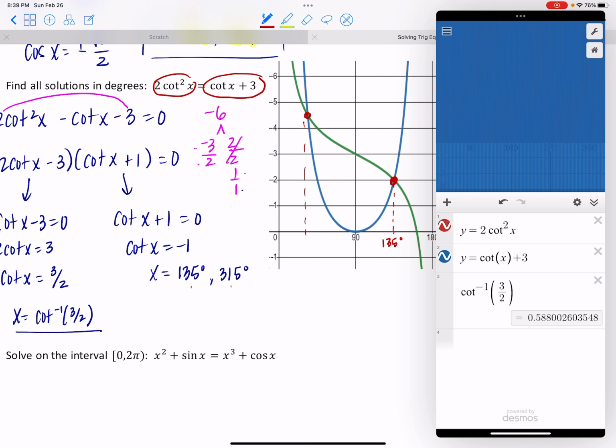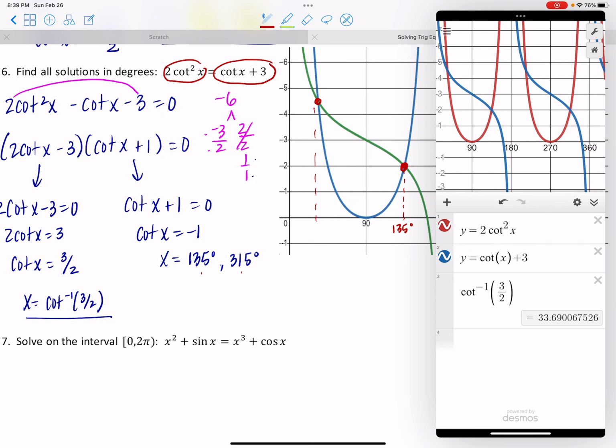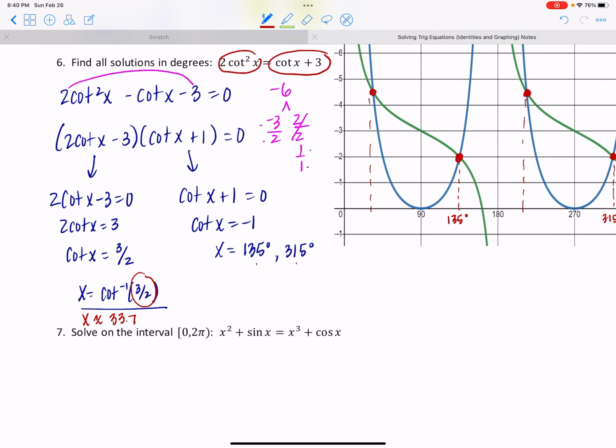Remember, we want to be in degrees. And so in degrees, this is going to be approximately, we said 33, let's just say 33.7 degrees. And then this one is a positive cotangent. Cotangent's going to be positive, and oh my gosh, I got too much on my screen.